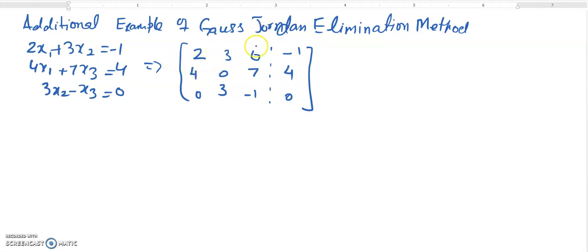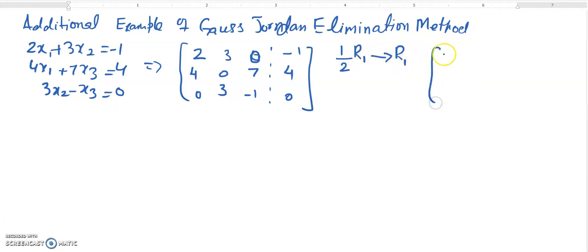For the application of the Gauss-Jordan elimination method, this method prefers to have ones in the leading variable. So what I can do is divide the first row by 2, and then it will be the new first row.